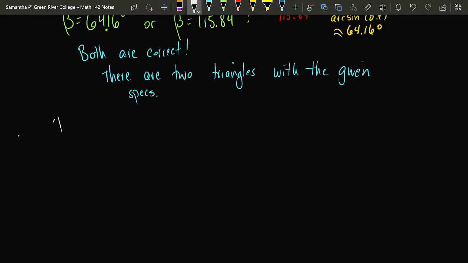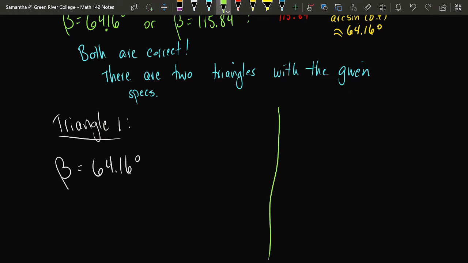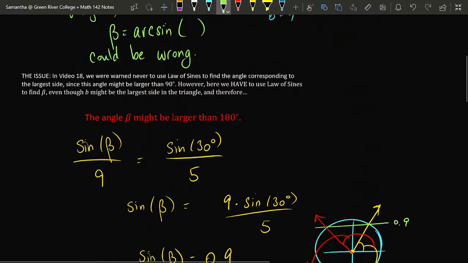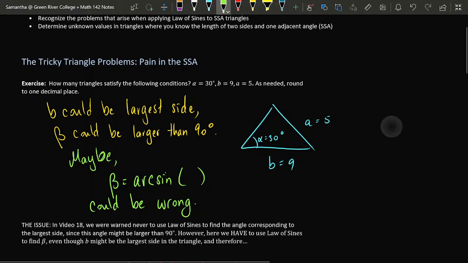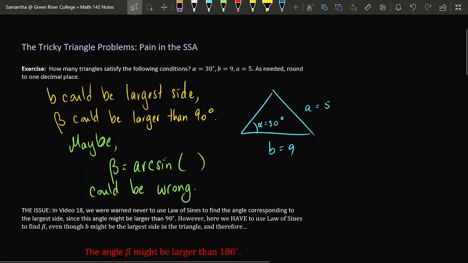In triangle number 1, the value of beta is equal to 64.16 degrees. And in triangle number 2, the value of beta is equal to 115.84 degrees. Let's find the value of gamma and of C in each of those cases.